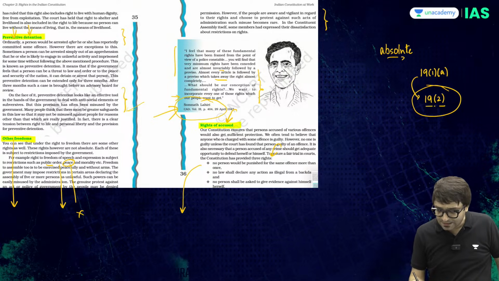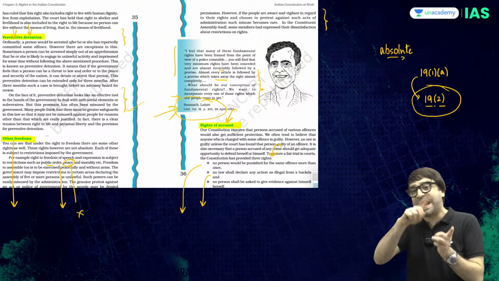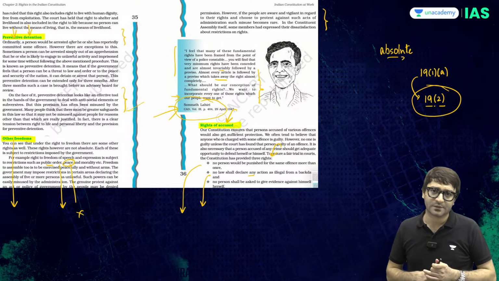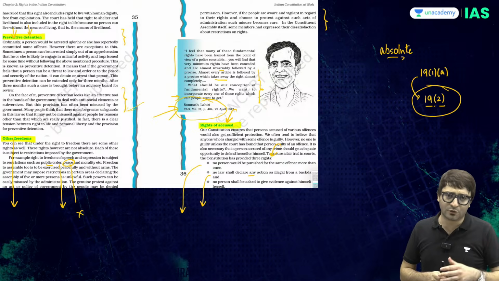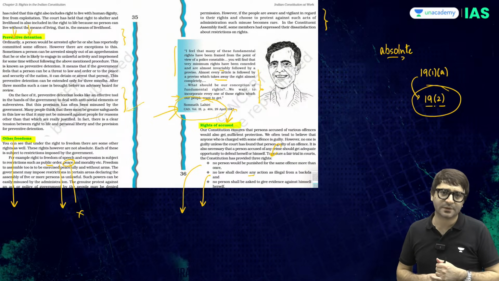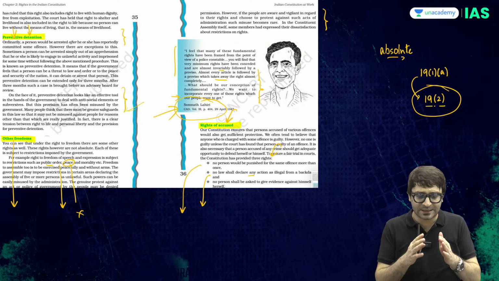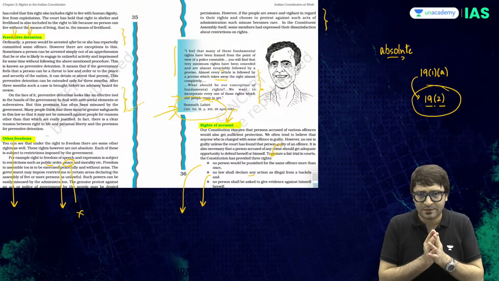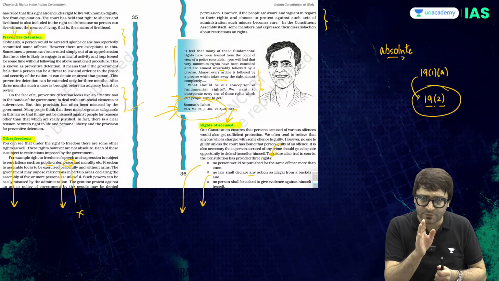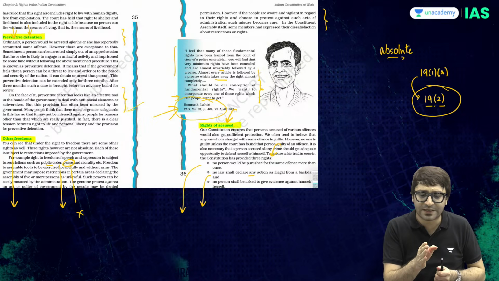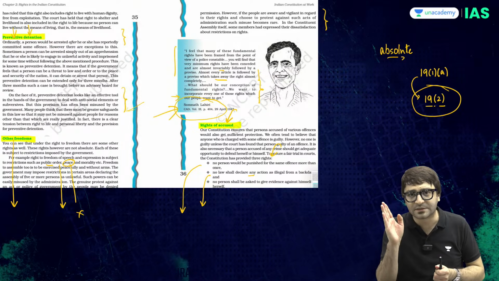The Constitution further says, no law shall declare any action as illegal from a back date. Although it should have been more clear. If, for example, there is a civil law, for example, taxes are to be imposed on you, Parliament, the legislature can give it a retrospective effect.